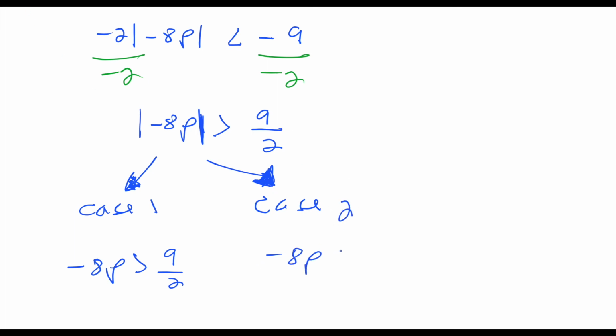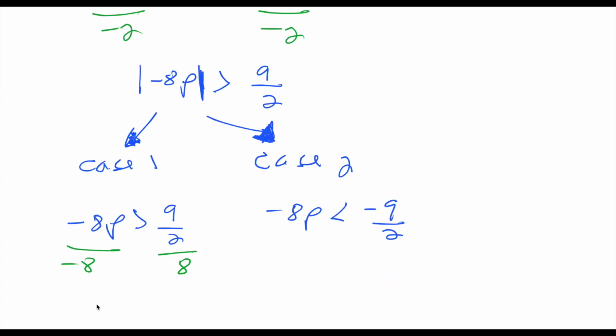Negative 8p is less than, flip the sign, opposite sign. All right, and then on the left, what do? Divide by negative 8. I'll just do it like that. You're right, flip the sign.